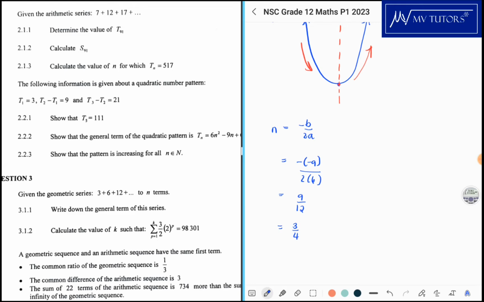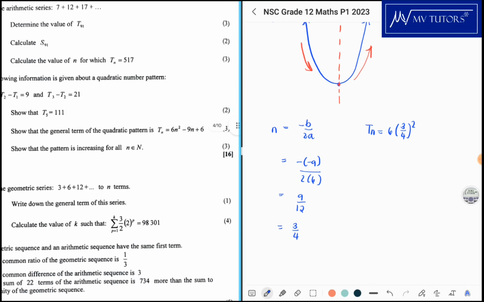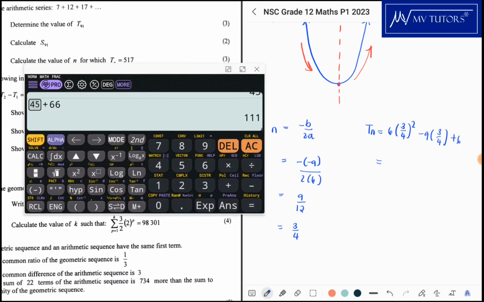Now let us get the y value, and our y value will actually be tn. So tn, we have 6 times 3 over 4 squared minus 9 times 3 over 4 plus 6. Obviously I will not bother doing that in my head because we have a calculator.